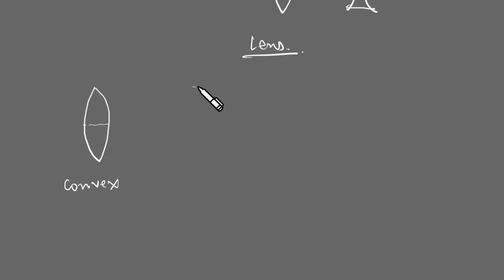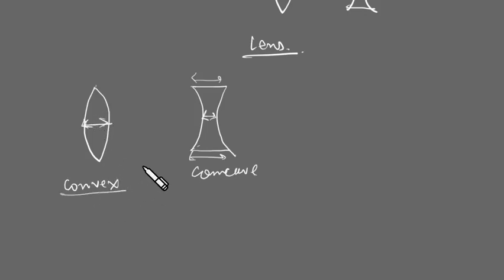A lens whose middle part is thinner than the two edges is called the concave lens. In this case, the middle part is thinner than the two sides, so such a lens is called the concave lens, and a lens whose middle part is thicker than the two sides or two edges is called the convex lens.